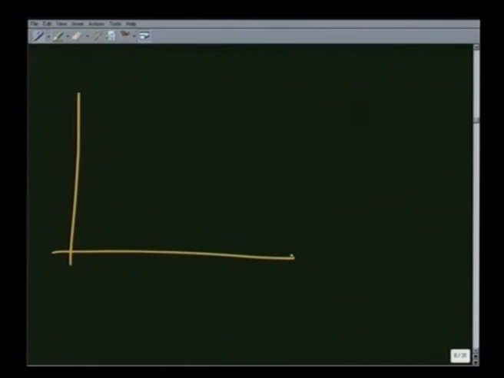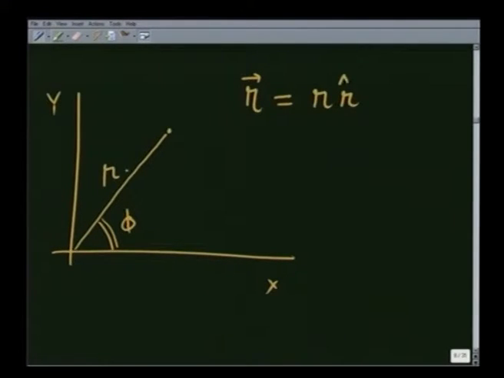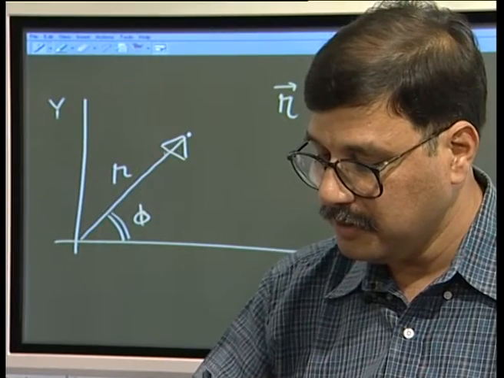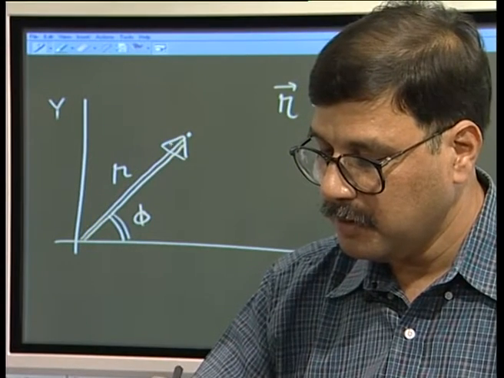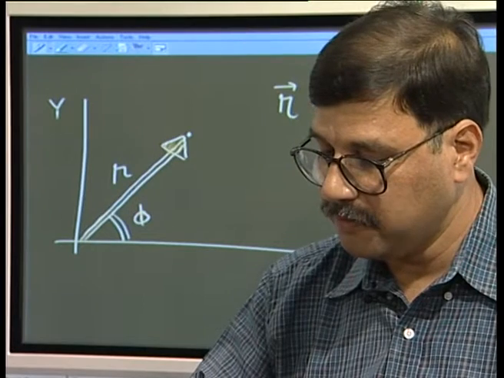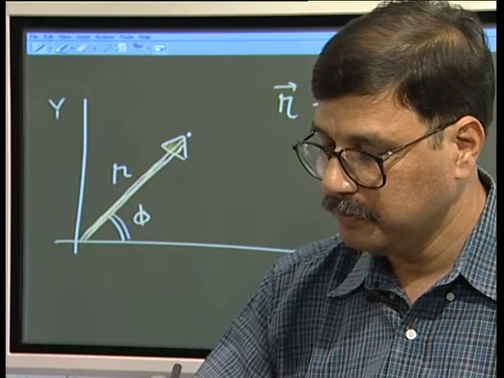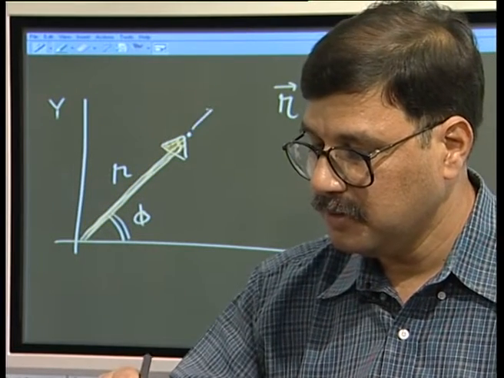So, a particle is given here at a distance r from the origin, making an angle phi from the x axis. So, the position vector r of the particle is going to be given as r times the unit vector r, because this is the displacement vector of the particle and this is unit vector r.